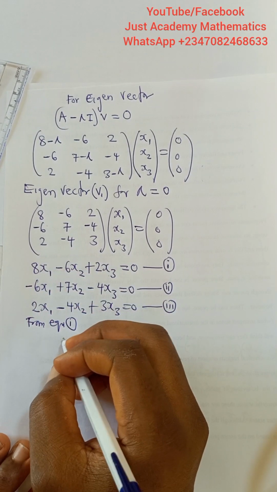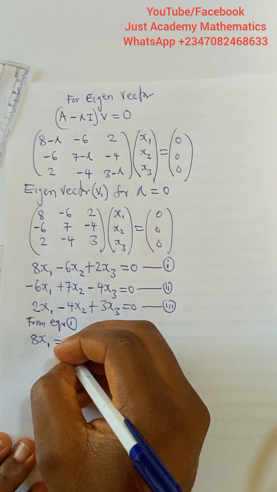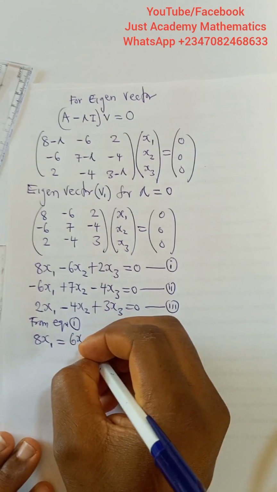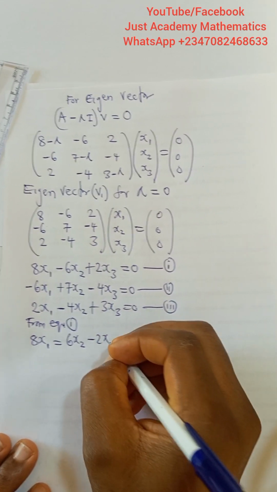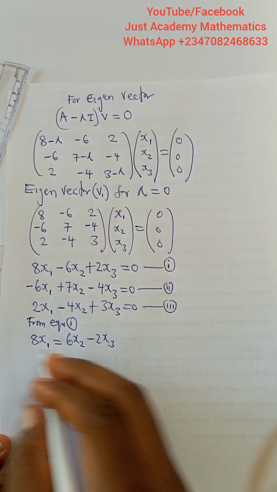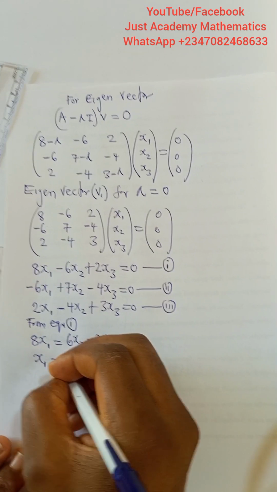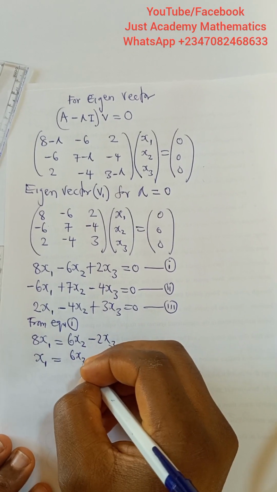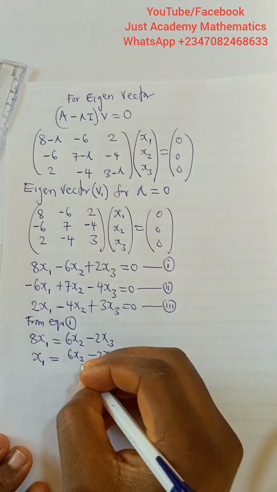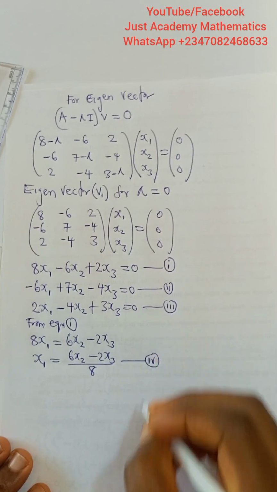If we make x1 the subject, you have 8x1 is equal to 6x2 minus 2x3. Are you following now? So if we divide both sides by 8, you have that x1 is equal to (6x2 minus 2x3) over 8. This one we can call equation 4.